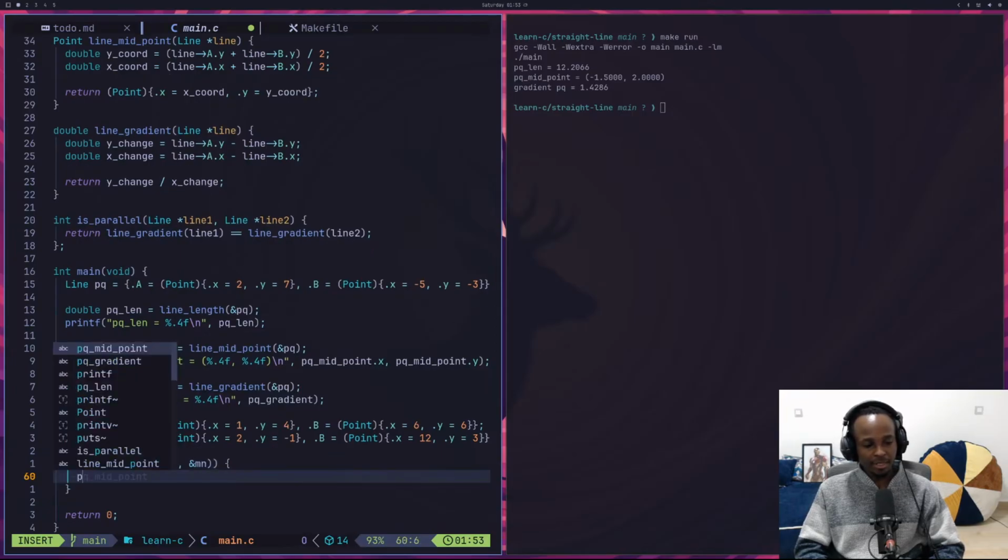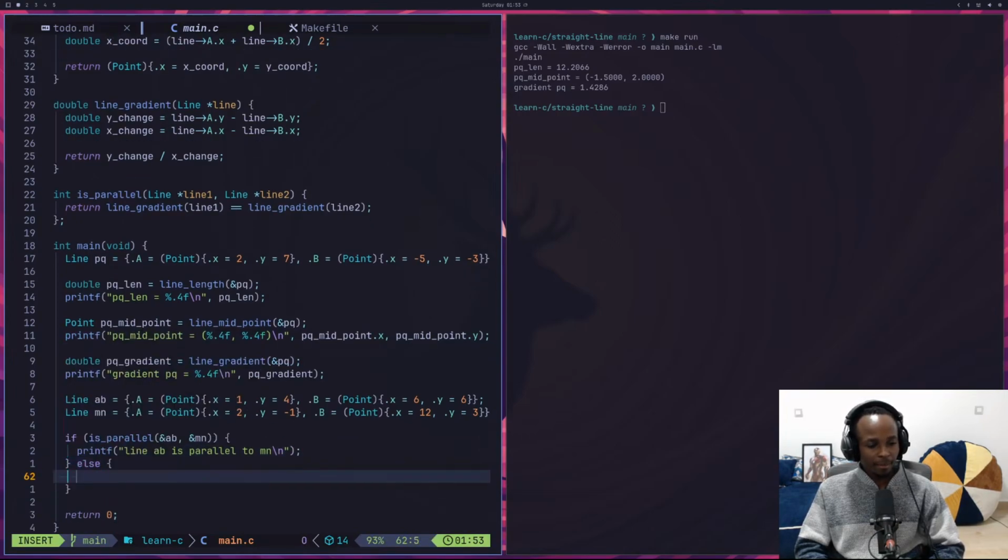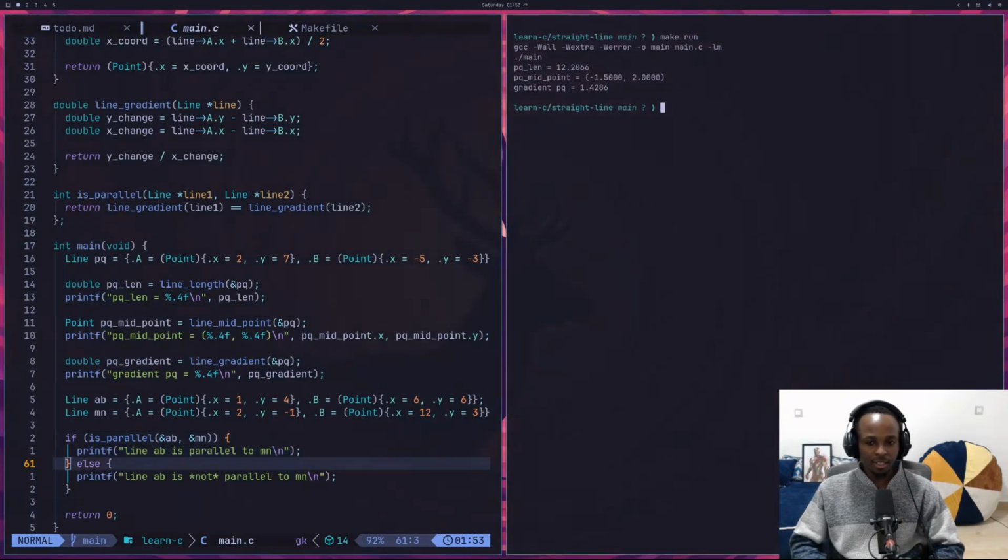If they are parallel, I want you to print line AB is parallel to MN, then add an empty line. Otherwise, print line AB is not parallel to MN. So we expect these two to be parallel to each other.